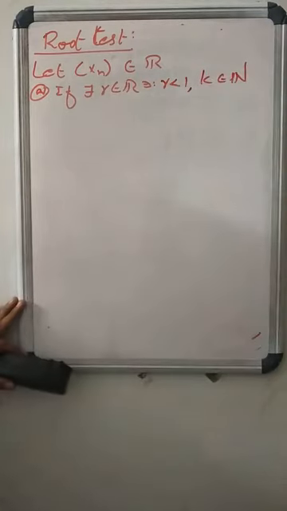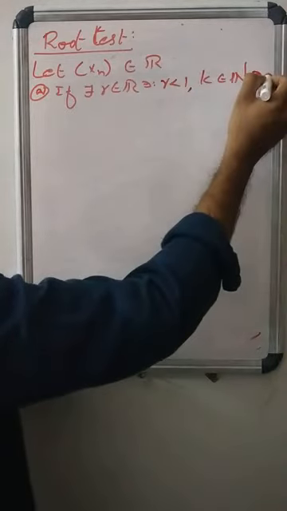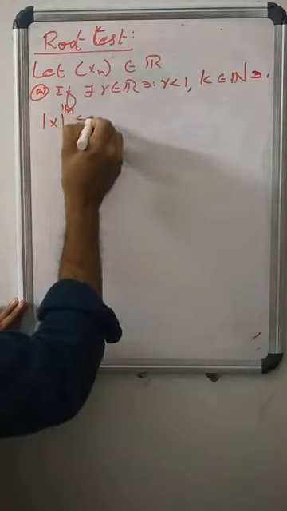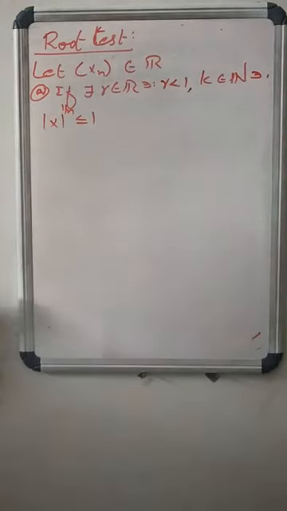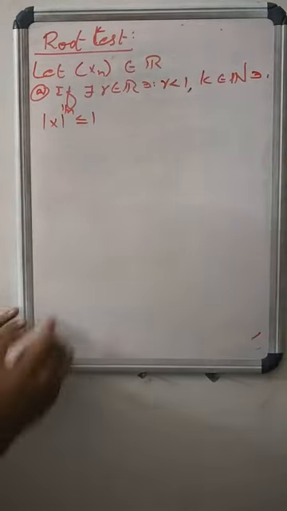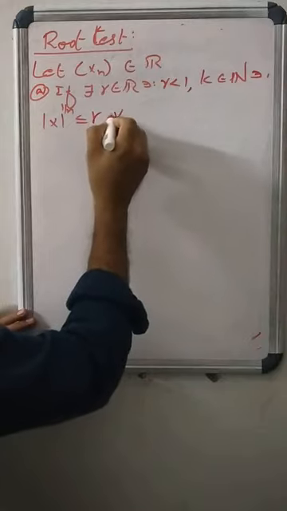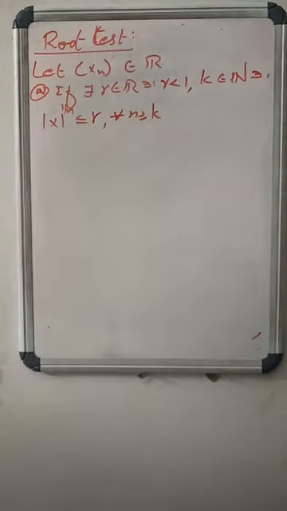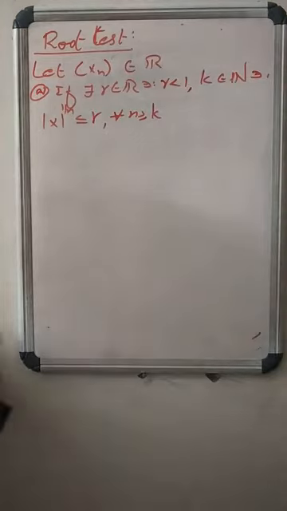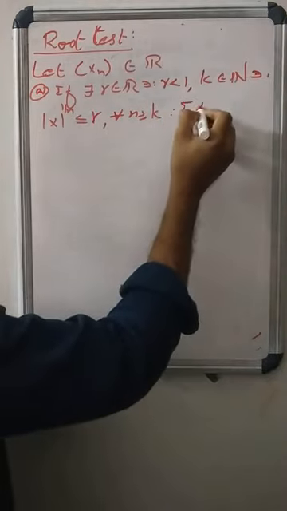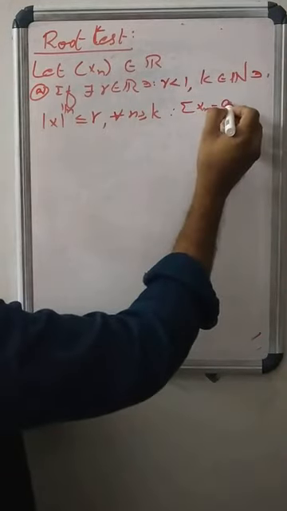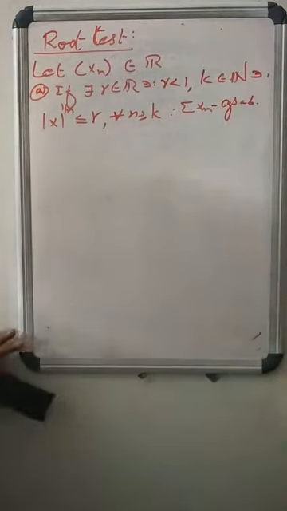and there exists a natural number K such that modulus of xn power 1 by n is less than or equals R for all n greater than or equals K, K a natural number, then the series sigma xn converges absolutely.